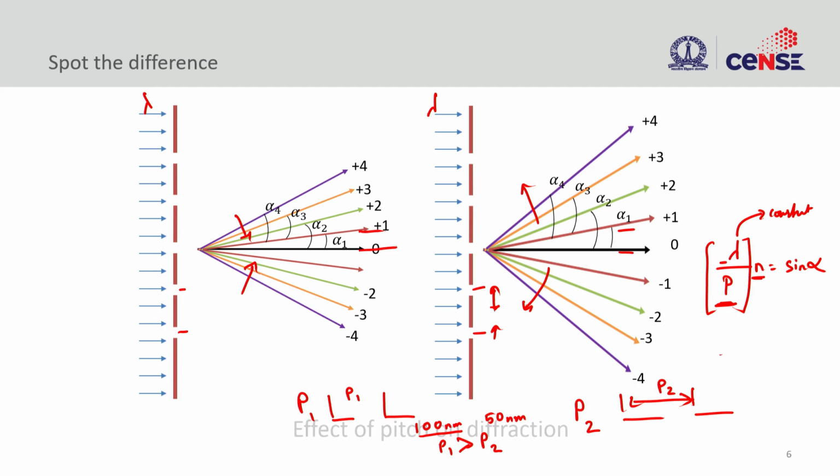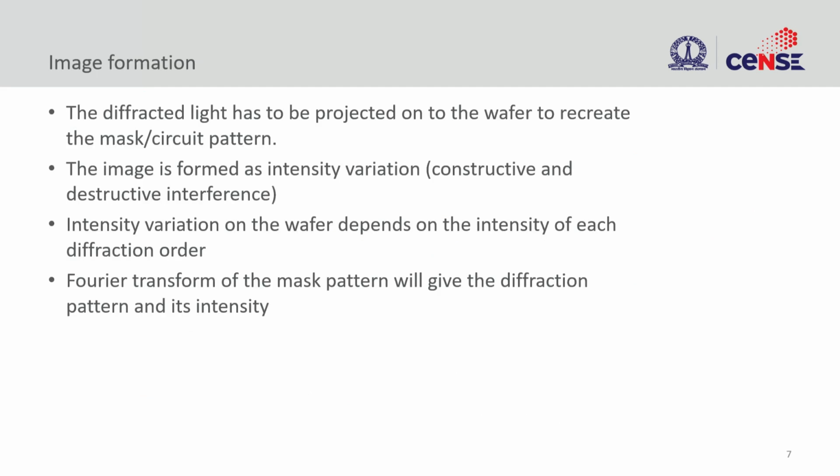All right, so let's look at the image formation. Now we understand what happens after the mask. In order to capture and make this image, you have to project the diffraction orders onto the wafer. Whatever diffracted light we had, we have to capture it, and then create whatever circuit we had on the mask.